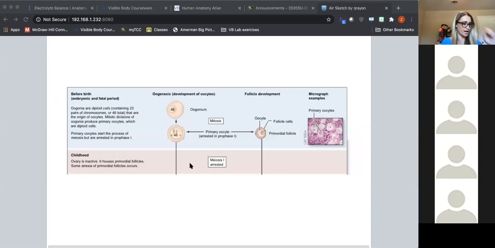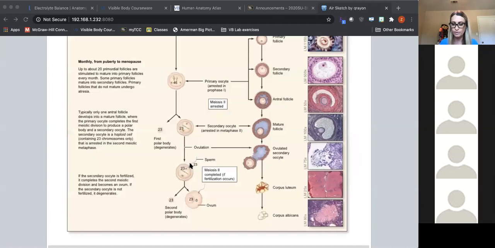Now this figure, I don't have it on one picture here, but if you look at page 1115, you can see this all nicely next to each other. You can follow the oocyte, and you can also follow the follicle next to it, so you can see what is when. So you can see that meiosis 2. I don't know why they put it up here, because that's kind of too high.